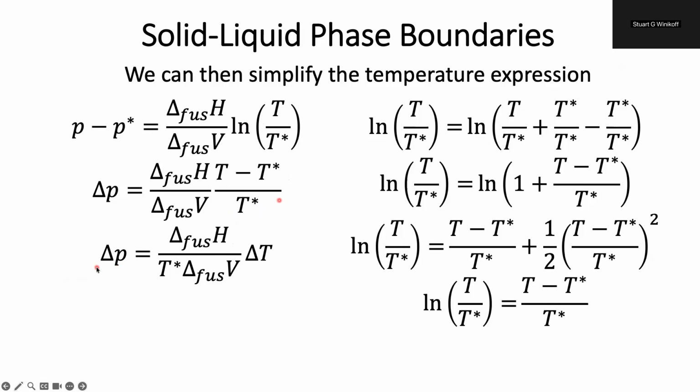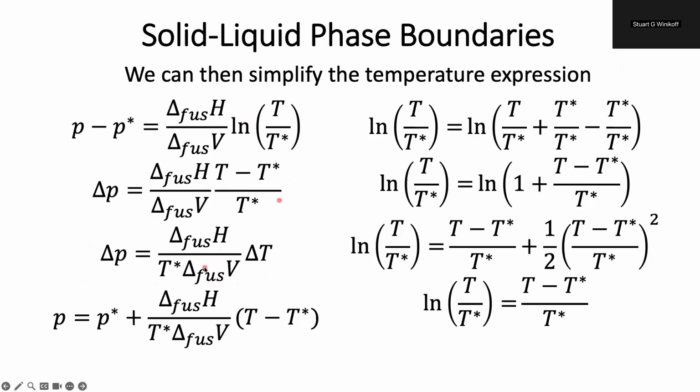So what we can now do is find the change in pressure is going to be related to the change in temperature, showing that we really have a straight line between these two, again for small temperature differences. And we have a prefactor that's now based on the initial temperature, enthalpy of fusion, and molar volume, all of which should be relatively easy to find.